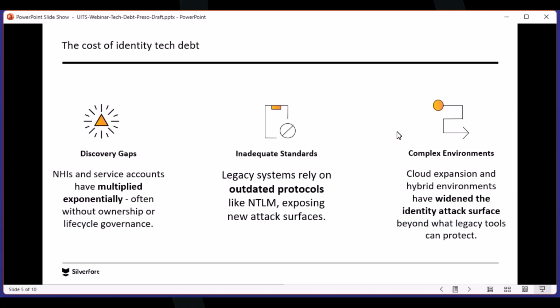This is kind of a broad overview, but the cost of identity tech debt. This goes to the discovery gap side: we're sending them out to the cloud and we don't even know what they do in Active Directory, and now they're going to inherit permissions on resources within that cloud environment, or worse, into other areas like IDPs. And then we're worrying about the ownership side of it, right?